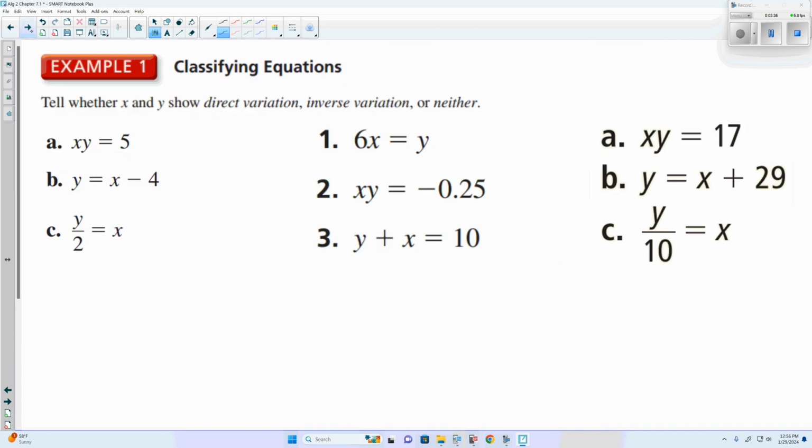All right. Now the first thing we're doing today is looking at equations and determining if they are direct variation, inverse variation, or neither. If we look at A, x times y equals 5, it would be inverse. Because if we look at our inverse, x times y equals a, well, a is 5, so this is inverse.